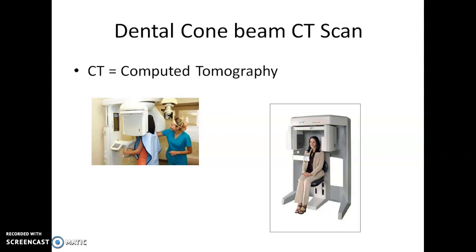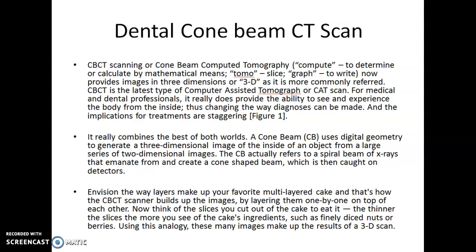And CT scan is going to be the same type of image that you're familiar with if you went to a hospital and had a CT scan. And CT scan just means computed tomography. And we're going to explain that just a little bit here. CBCT scans, or cone beam computed tomography, it's a mouthful, is basically a computer-generated image based on the X-ray scans that are taken.